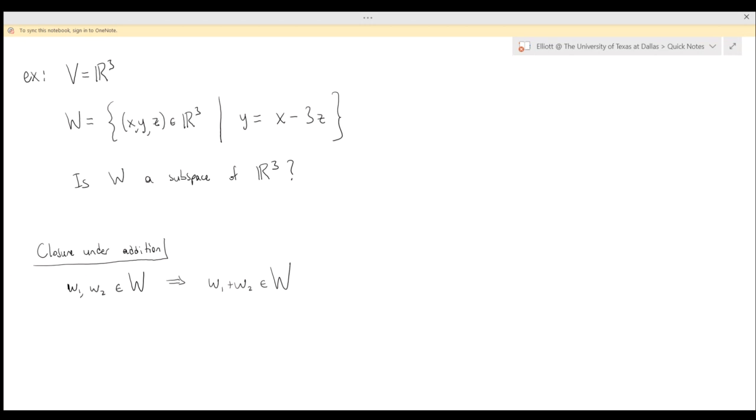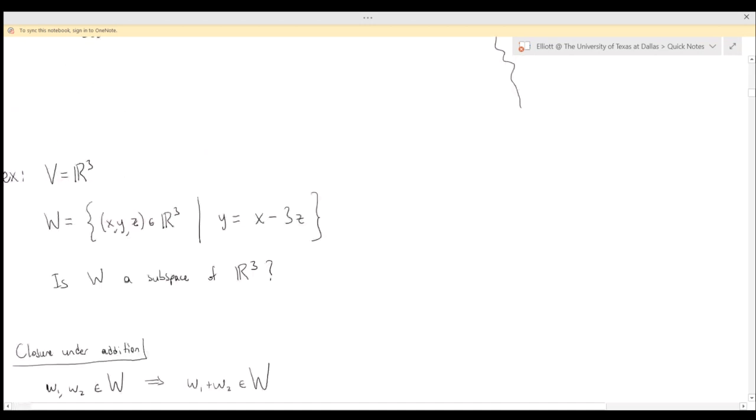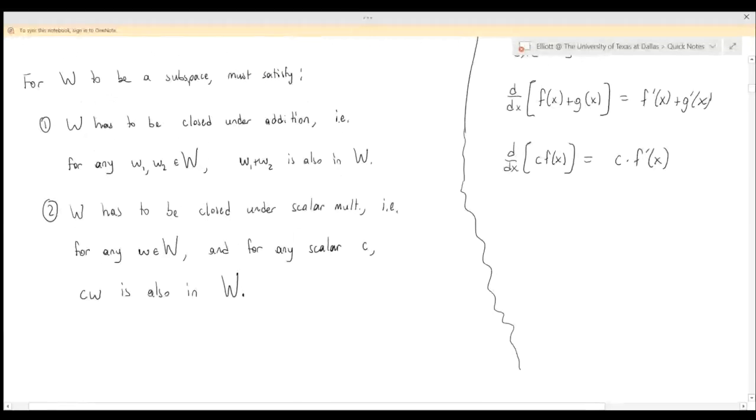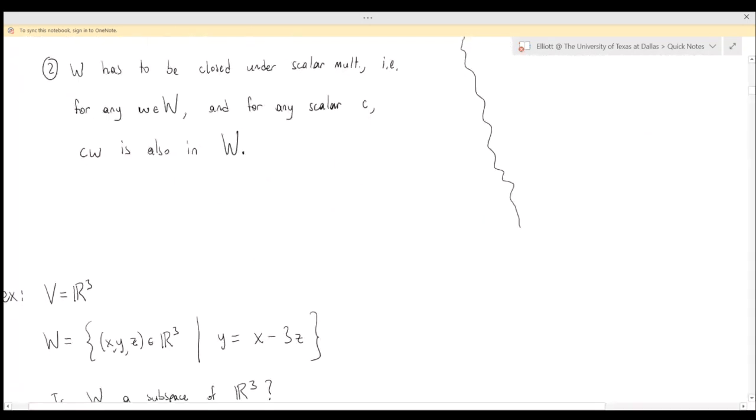Now, if you're trying to show that something is closed under addition, this property needs to hold for any two vectors inside of W. So it's not enough to choose specific elements of W with numbers. You have to keep it general to argue that it works for any two elements of W.